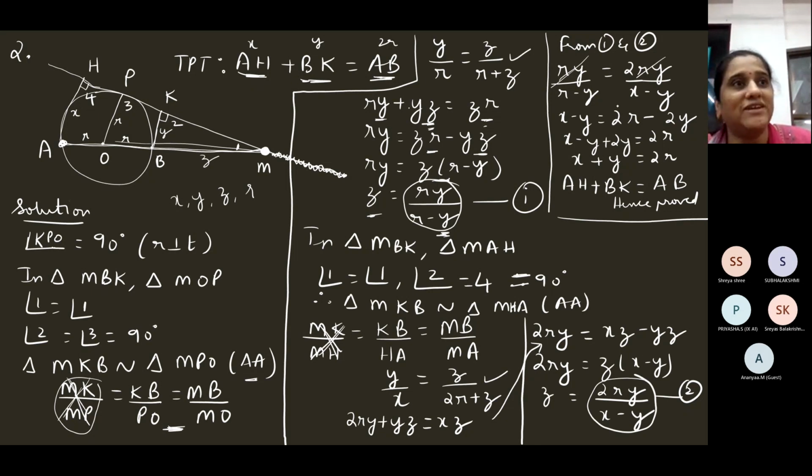So now you can see that this result does not have Z at all in it. It has only X, Y and R. Z is gone now. Now when you cross multiply and simplify this, you will get that result. We got X plus Y is equal to 2R, which is nothing but AH plus BK is equal to 2R, which is AB.